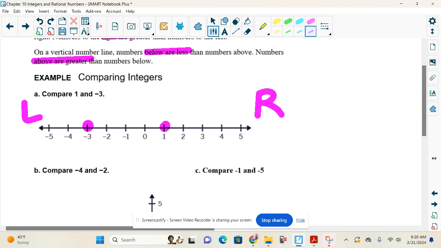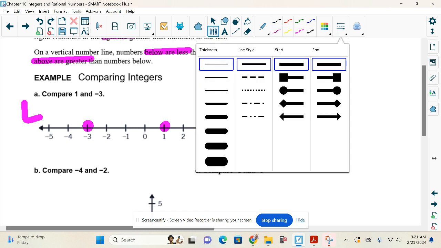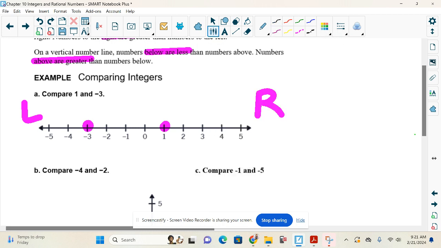And if I want to know which one is less, which one's further to the left? Negative 3. So when we're being told to compare, they want us to use the greater than, less than, greater than or equal to signs. Okay, so if I have 1 and I have negative 3, we decided that 1 was greater than negative 3.